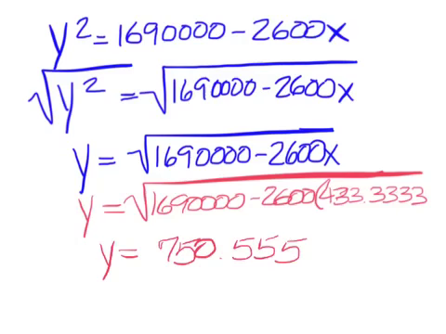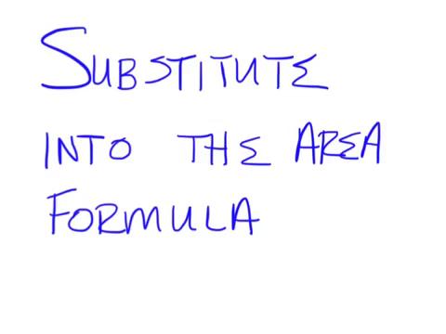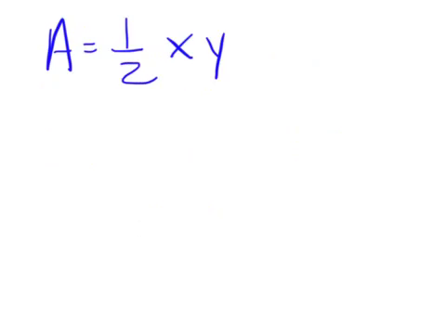So substitute into the area formula. This isn't anything new. This is what we've done before. So the area is 1/2 xy. We just solved for y, so we plug in what we solved for.